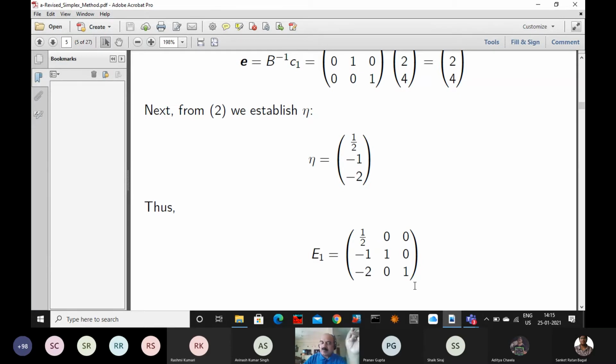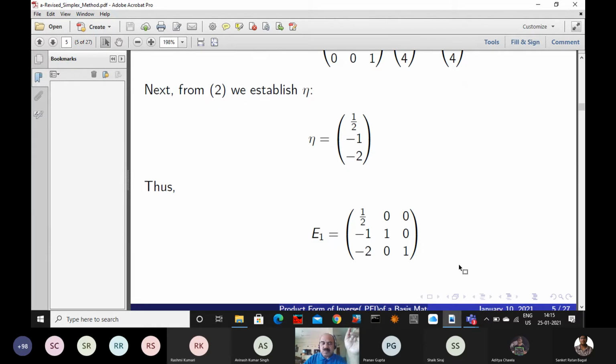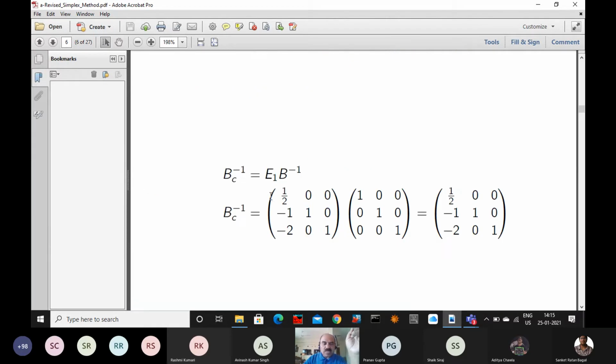Then what is BC inverse? BC inverse equals E1 into B inverse, whatever the inverse was earlier. Since it is an identity matrix, there is no change. It becomes 1 by 2, minus 1, 2, 0 1 0, 0 0 1, because the right hand side B inverse is an identity matrix.